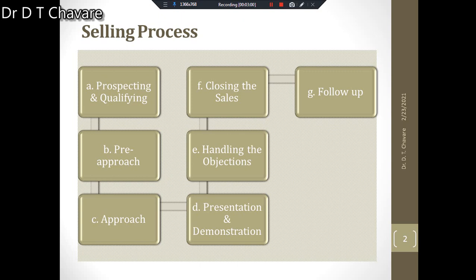Product quality, price, easy and ready availability, terms of trade, warranties and after-sales services, and benefits of immediate purchase action are some of the important stimuli. It means what type of benefit you can get after immediate purchasing, what type of terms and conditions are available for immediate purchasing, and what type of warranty is given.